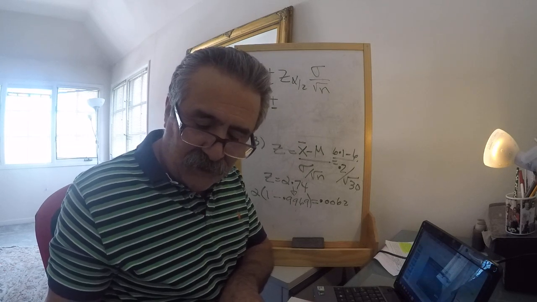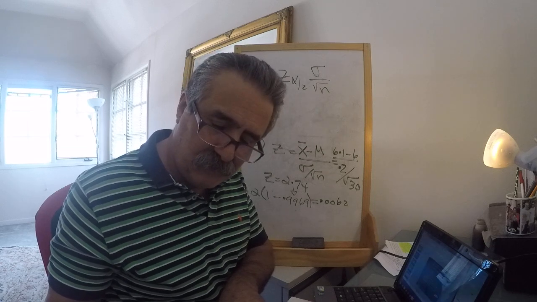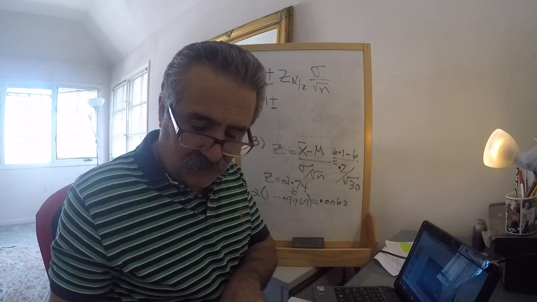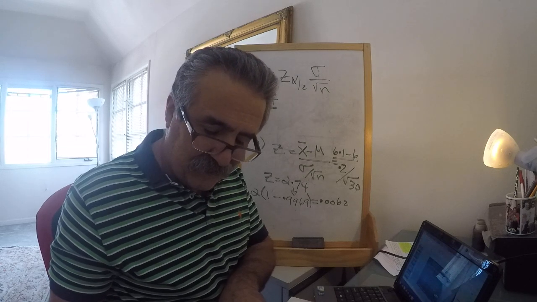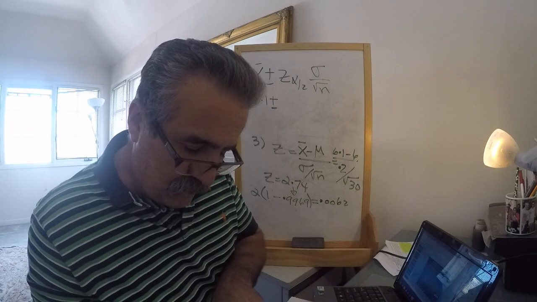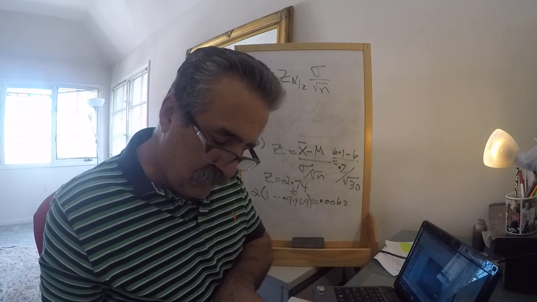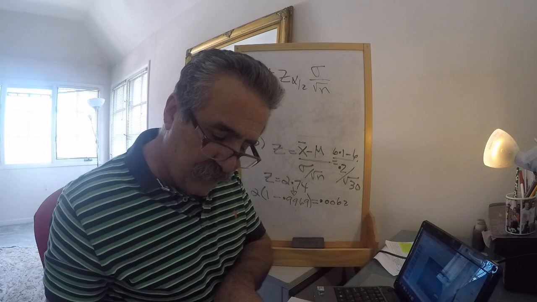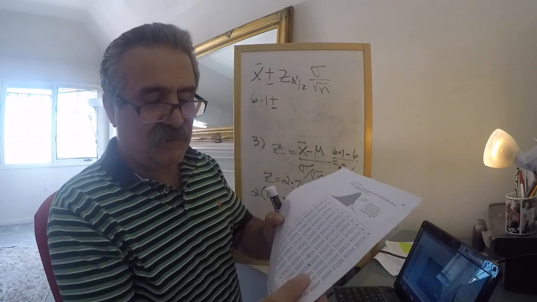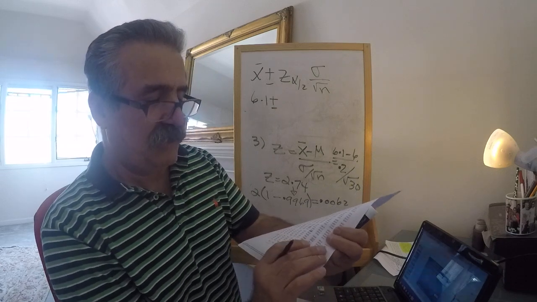We have to locate 0.985 and then read the corresponding value of z for that. The value is 2.17.